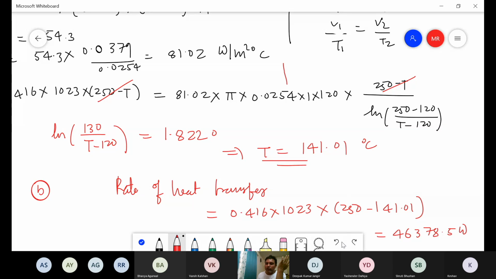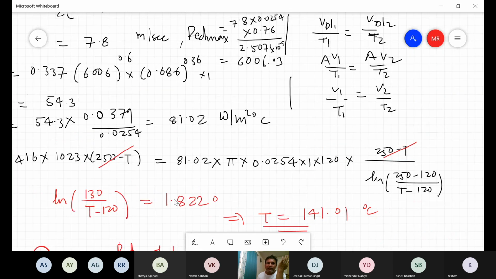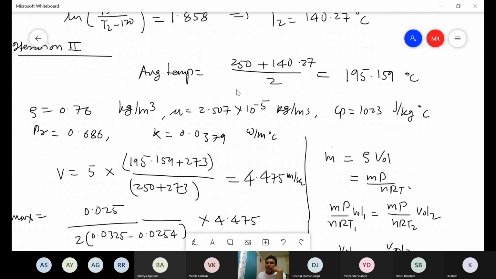In the third iteration, we would go ahead with the new temperature, let's say 120. So 250 plus 120 divided by 2 would give the new average temperature. We would find all the properties at the new temperature and then solve. We would continue this iteration till the temperature used in calculating the average temperature and the obtained outlet temperature come very close to each other.